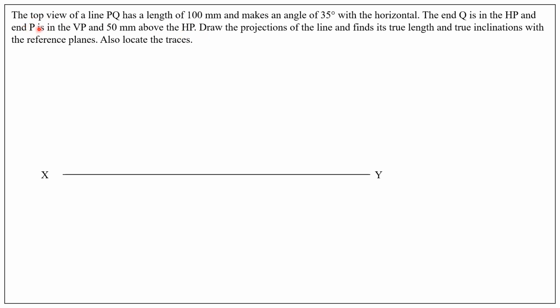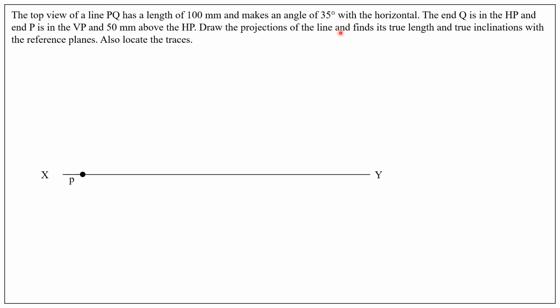Since the end P is in the VP, its top view is on the XY line, therefore mark point P, the top view, at any convenient position on the XY line. It is given the top view of the line makes an angle of 35 degrees with the horizontal.